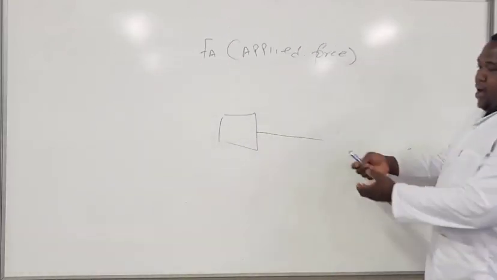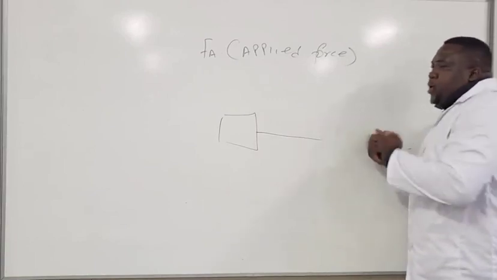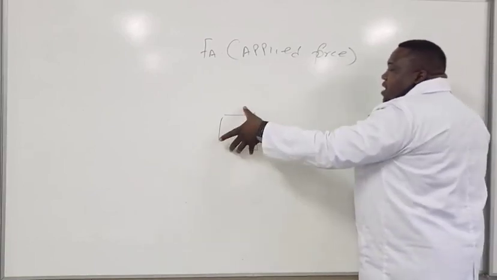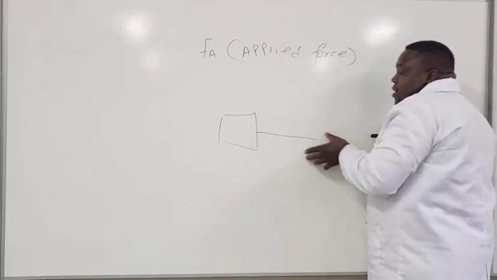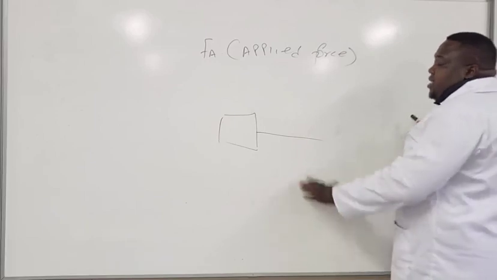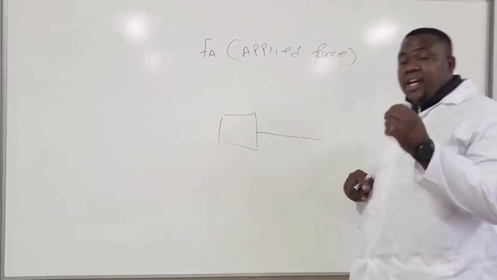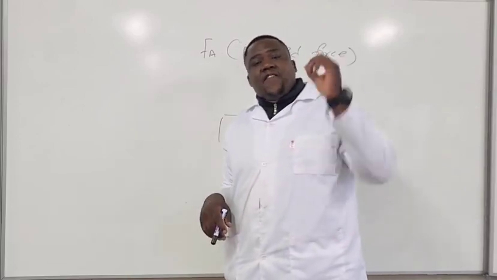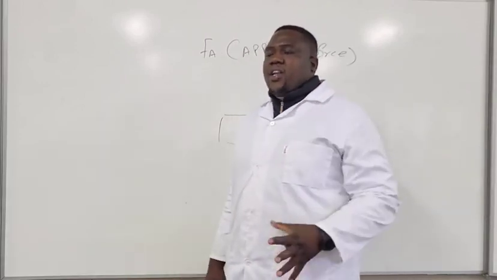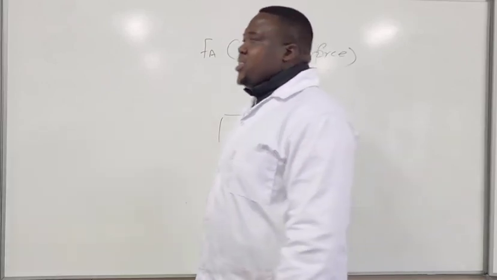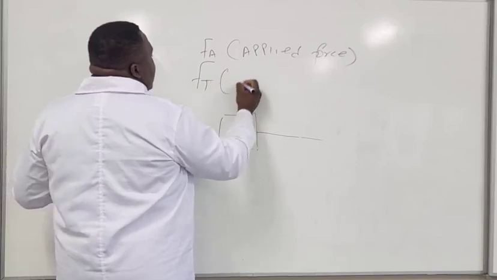So I start to pull this string. As I'm pulling it, I'm applying a force, can you see? But since the force is on a string like this, we say that the applied force is called the tension. So tension is a form of applied force which is being applied on a string or a rope. You understand? So we're going to have Ft.